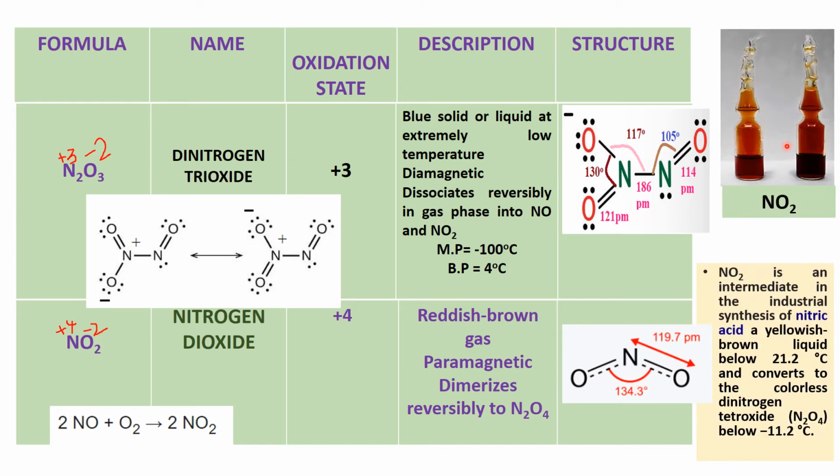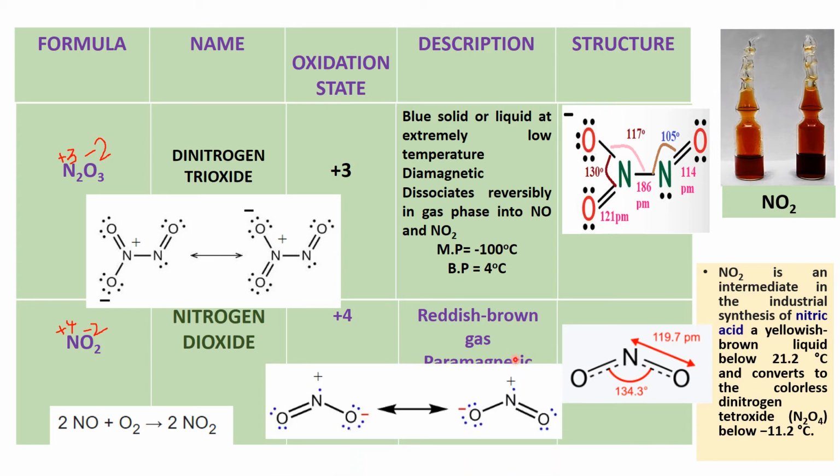Nitrogen dioxide is a reddish brown gas. NO2 is an intermediate in the industrial synthesis of nitric acid. N2O4 is a yellowish brown liquid below 21.2 degrees, and converts to the colorless dinitrogen tetroxide, N2O4, below minus 11.2 degrees Celsius. It is paramagnetic in nature.